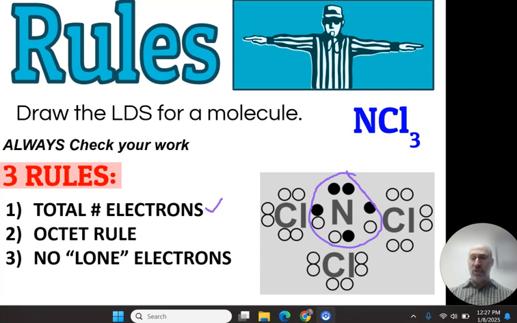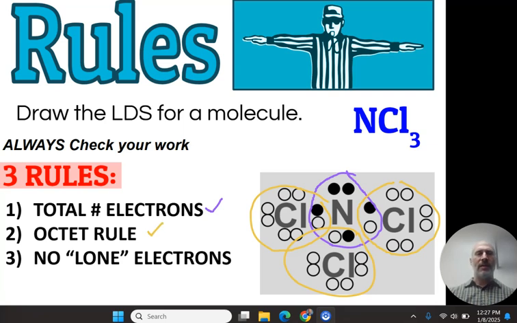These are shared, so they count. So this chlorine also has 8. There they are around the outside. And then lastly, this chlorine has 8, and these guys have 8. So the octet rule is met. That's the number 1 mistake students make, so make sure that your octet rule is being met. So octet rule, good to go.